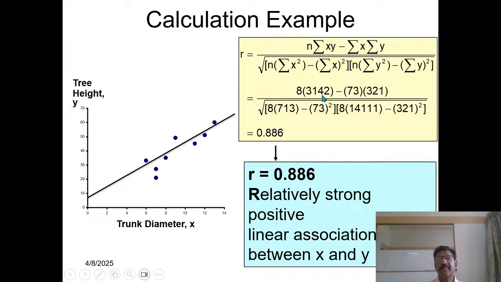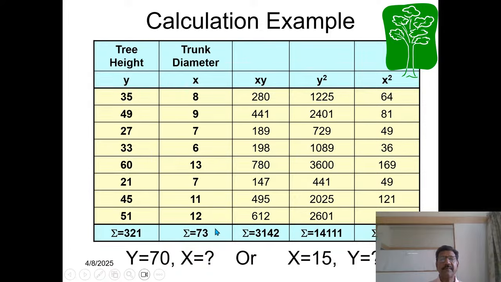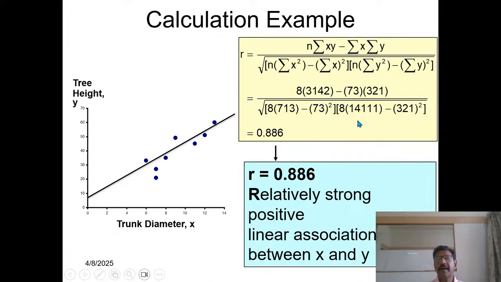Summation of xy minus summation of x into summation of y, divided by the under root of n into summation of x square. From the table you take summation of x square and summation of y square, put these values in and calculate according to the formula.